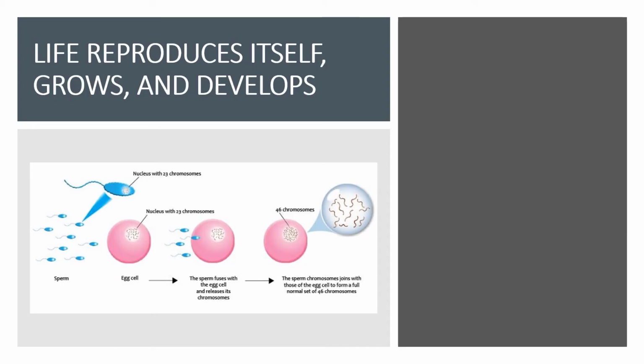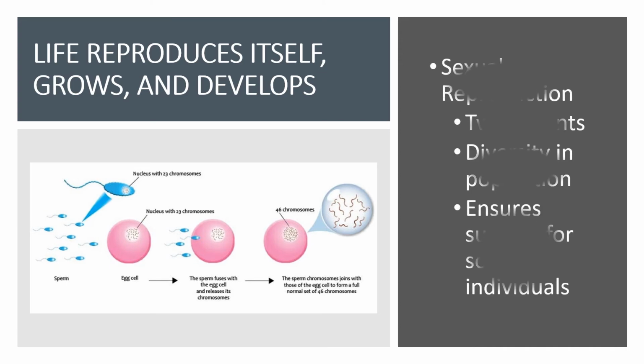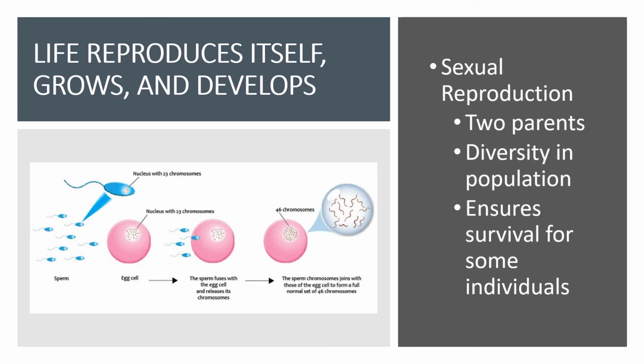And then next we have sexual reproduction. Now, in sexual reproduction, genetic material from two parent individuals unite to form an offspring which has a new combination of inherited traits. By mixing at each generation, sexual reproduction results in tremendous diversity in a population.